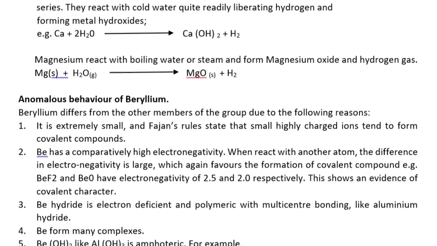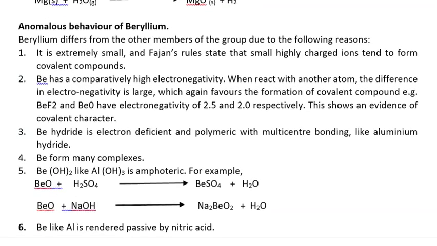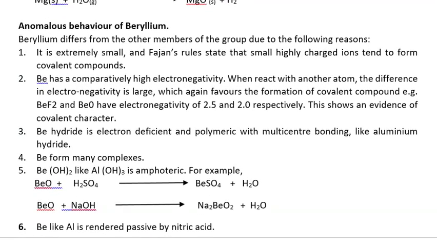Anomalies of beryllium, the first member of group 2. Unatakiwa ujue basic reaction, huyu react na huyu kinatokea nini, kwa nini kinatokea hiki. So for most cases anomalies are seen in the first member, and in our case the first member is beryllium.